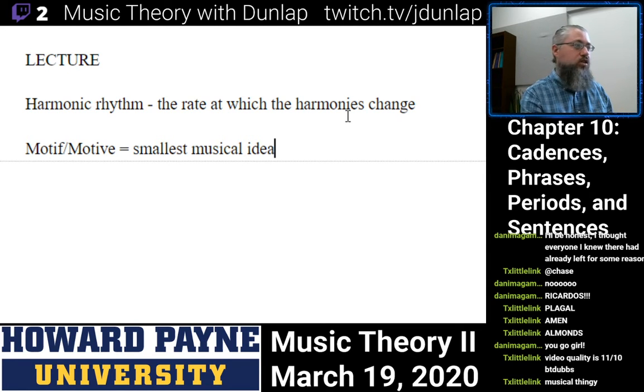Did you notice the motif was this? The motif is the building block for how the phrase was constructed. We worked our way towards the motif. And right there, we're going to construct the rest of this phrase off the motif.